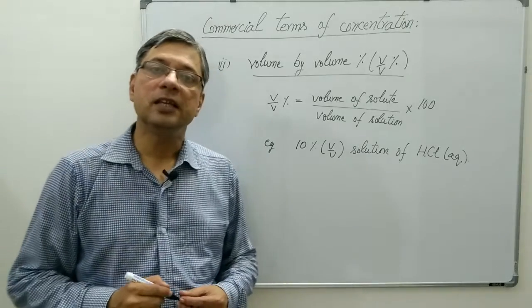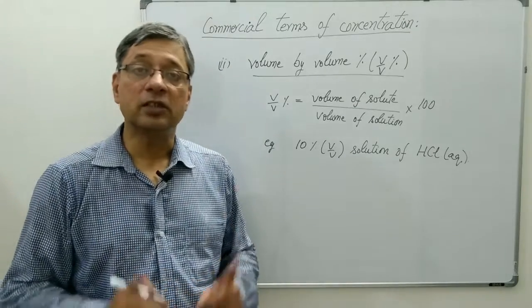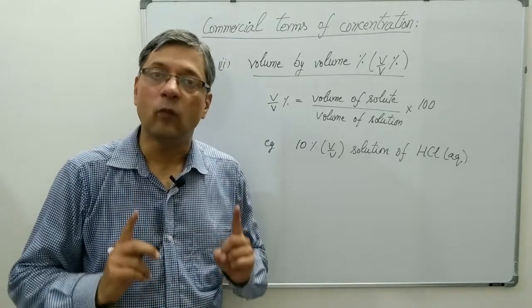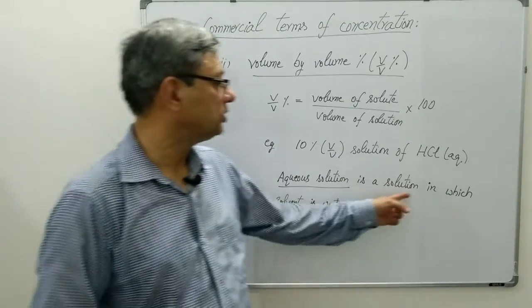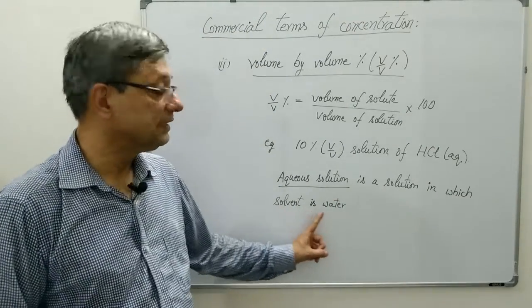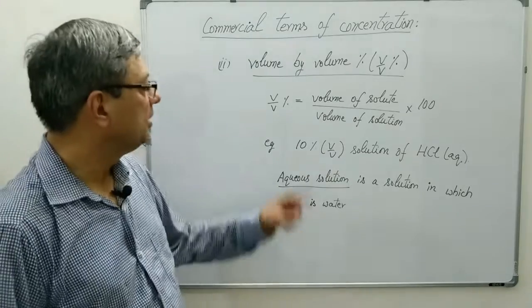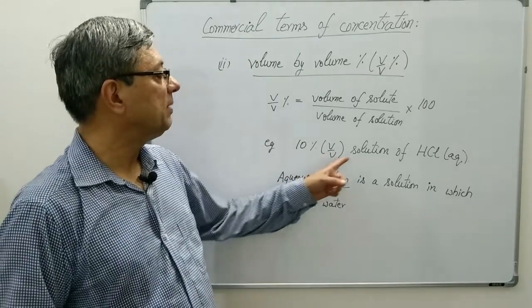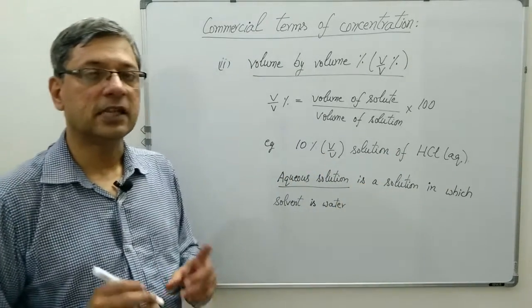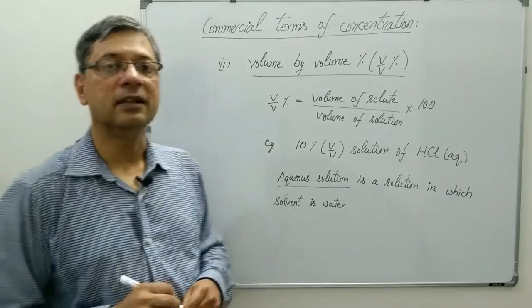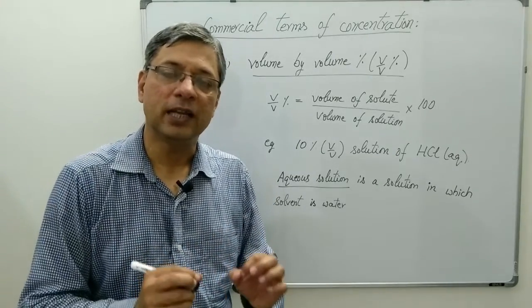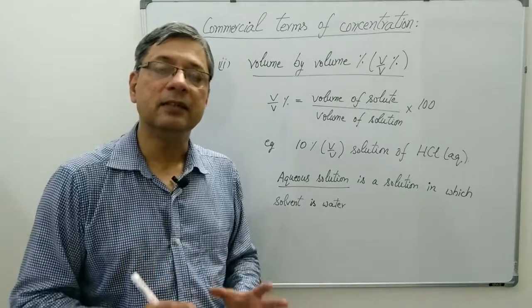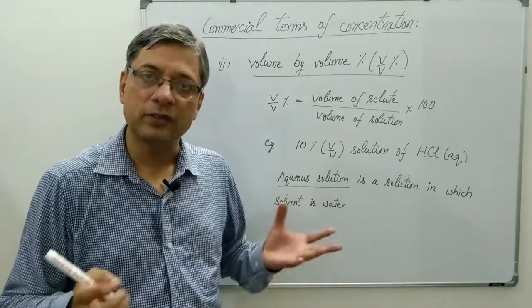Aqueous solution is a solution in which the solvent is water. 10% V/V solution of HCl aqueous will mean 10 ml of hydrochloric acid present in 100 ml of solution.